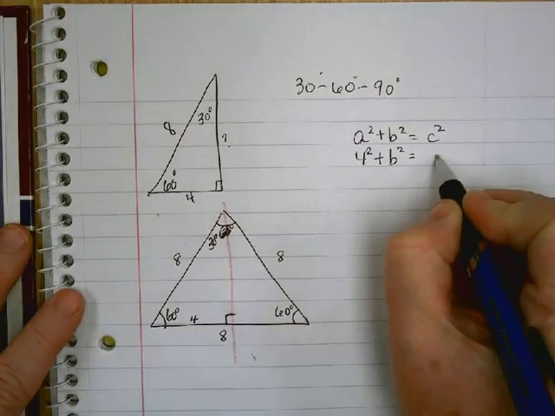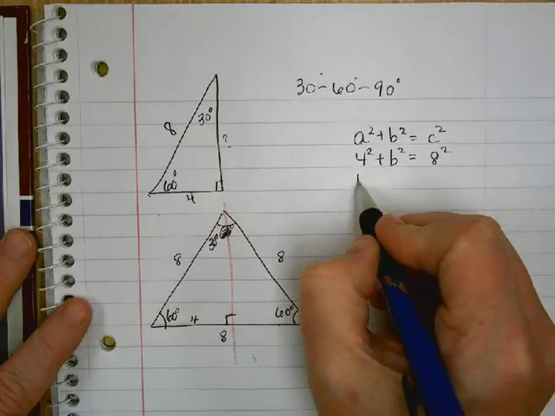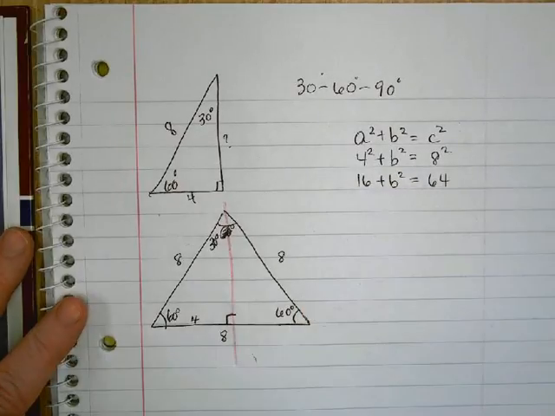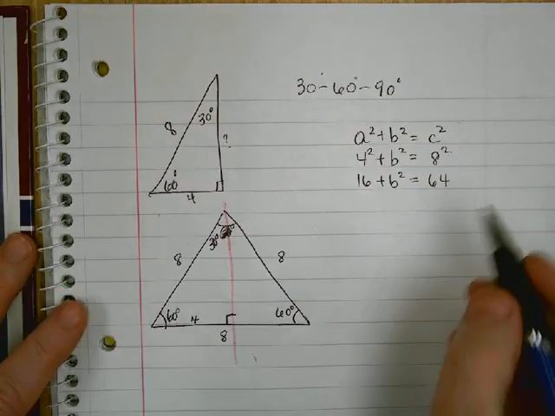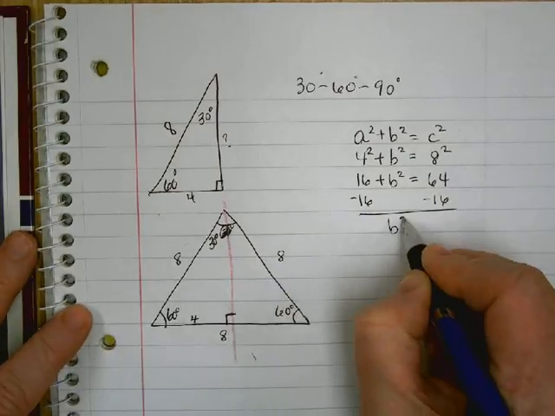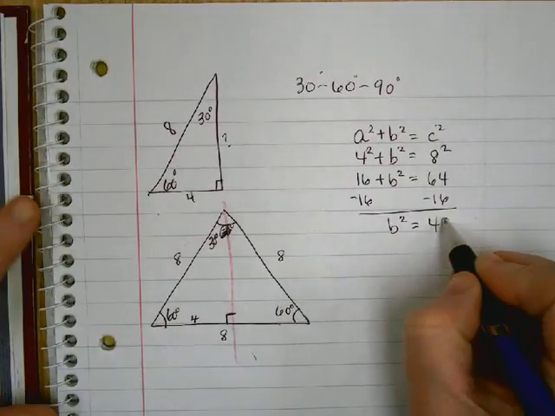Good. 16 plus B squared is 64. B squared is what? 48. So now I need to take the square root of that.